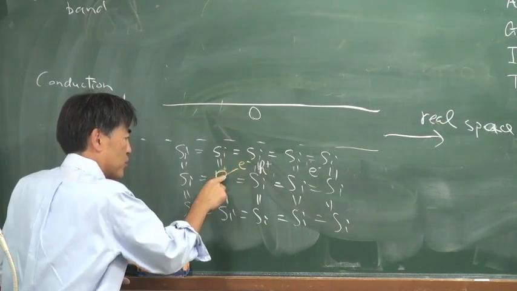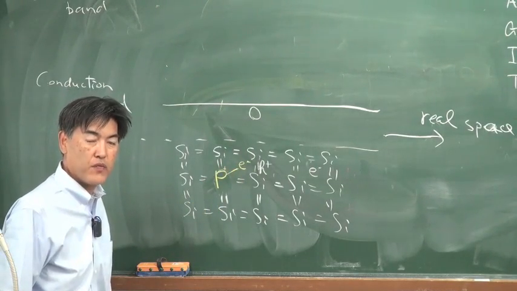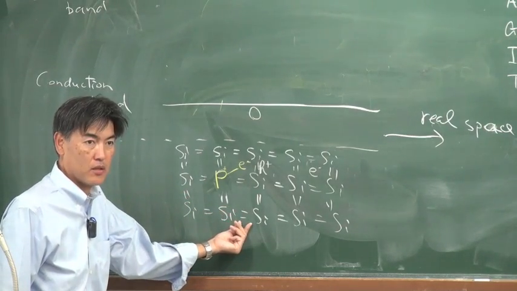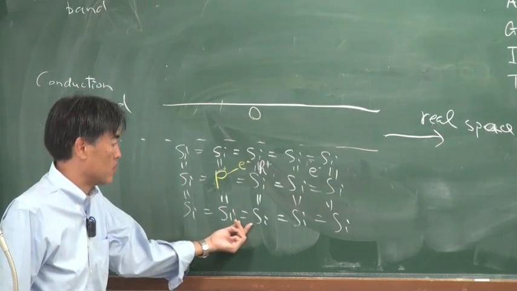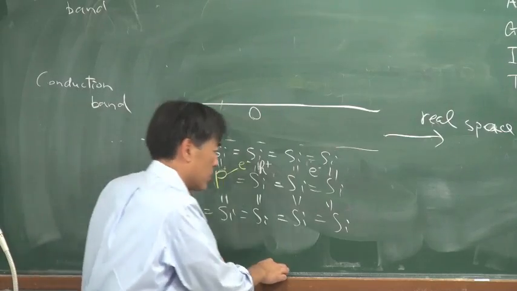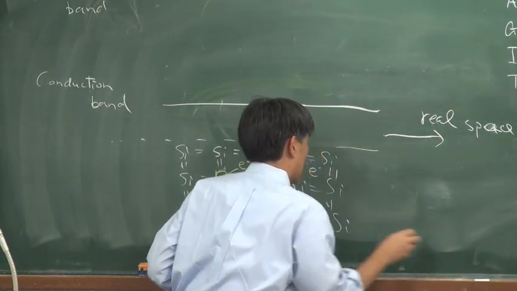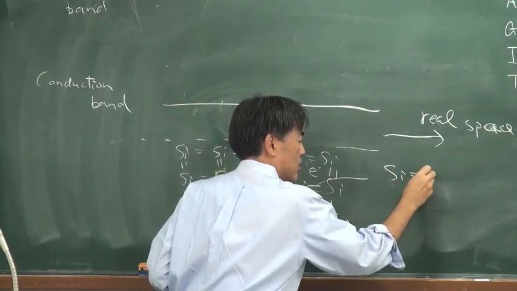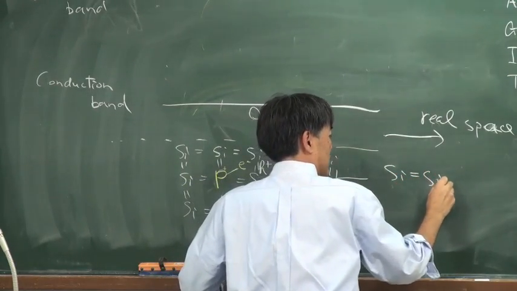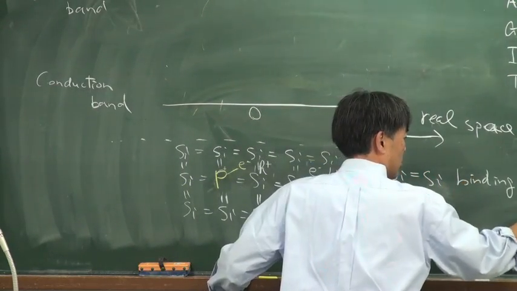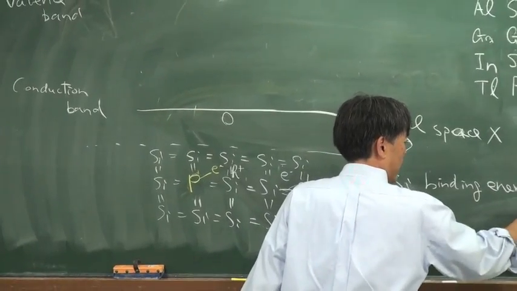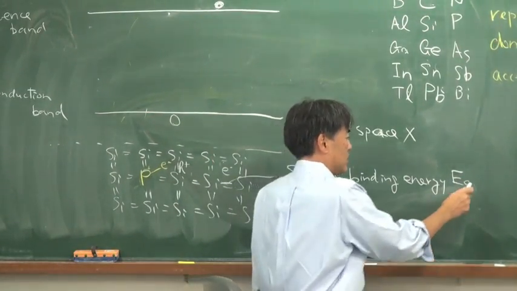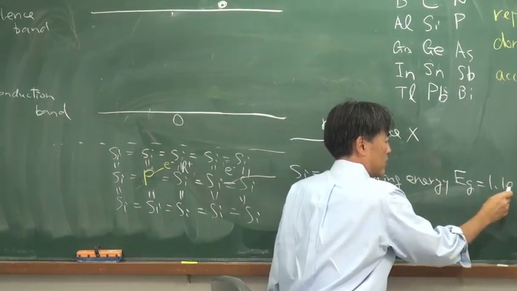Okay? And this electron's binding energy to phosphorus is very small compared to the binding energy of silicon-silicon covalent bonds. So in fact, as I said, the binding energy of silicon is in fact the energy gap, and that, in the case of silicon, is 1.1 electron volts.